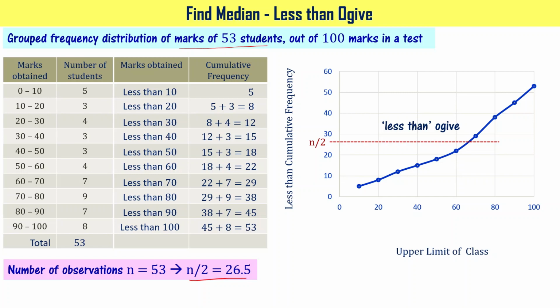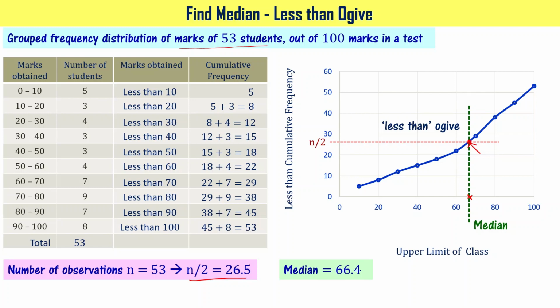It is intersecting this particular ogive at this point, right? Now let me draw a line perpendicular to the x-axis from that point. That is called the median. For example, it is cutting the x-axis at, let's say, 66 point something, right? So this is the median. So the median is 66.4.